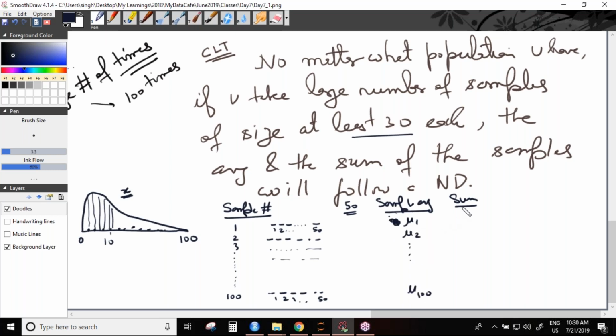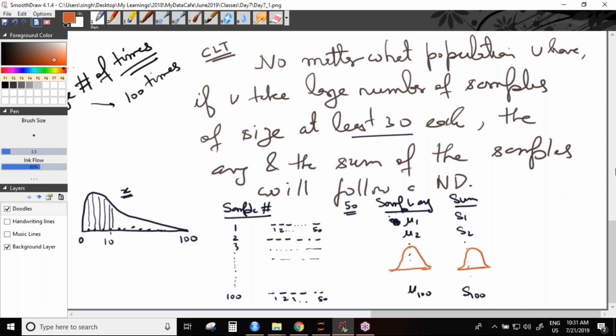Similarly, I calculate the sum, so s1, s2, and so on till s100. Now the central limit theorem tells us that if you plot these 100 averages, or if you plot these 100 sums, they will follow a normal distribution. Similarly, if you plot these, this will also follow a normal distribution. So that is what the central limit theorem tells us.